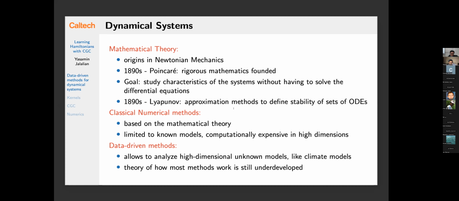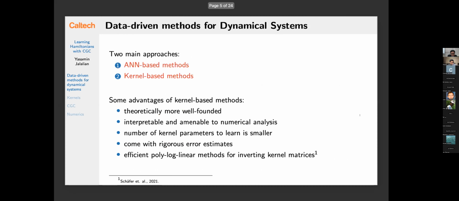These methods have the advantage of allowing us to analyze high-dimensional unknown models, like climate models, purely based on data. However, the theory of how most of these methods work is still underdeveloped.